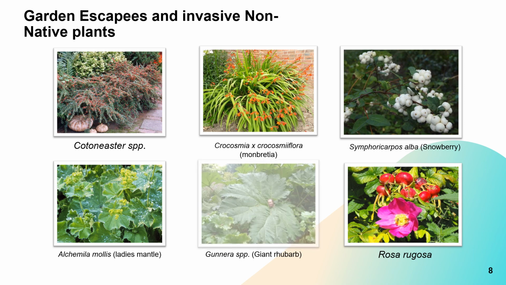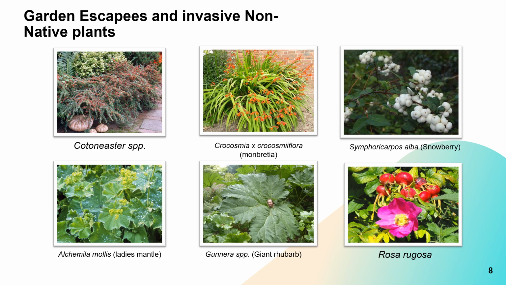We've got Gunnera species, and this has recently been listed as a plant that's not allowed to be sold or grown, as in Section 9 of the Wildlife and Countryside Act again. And we've got Gunnera manicata and Gunnera tinctoria, so at least 2 species, and there's possibly some hybrids as well.